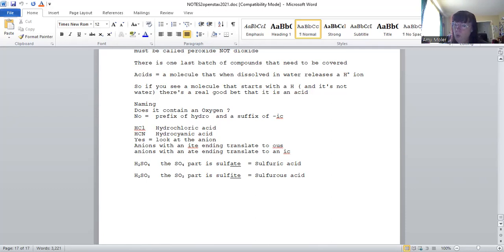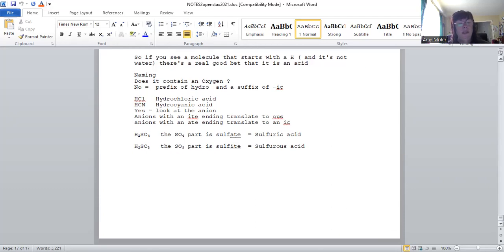If no, you need both a prefix of hydro and a suffix of ic. So I gave you a couple of examples here. Hydrochloric, HCl. There's no oxygens involved. Hydrocyanic. The CN is a cyanide polyatomic, but it has no oxygens in it.